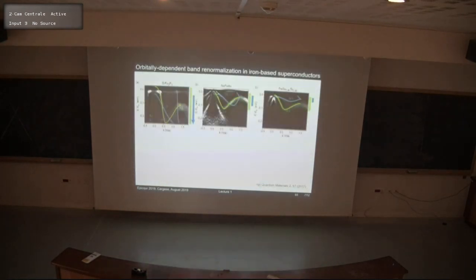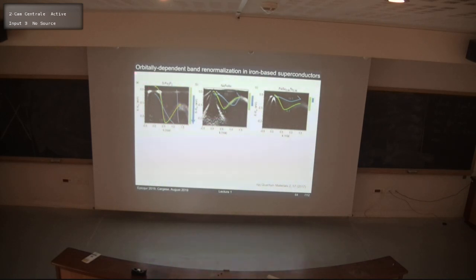So a more direct way to understand what might happen is from looking at the different orbital characters of the different families of compounds. These are iron-based data. This is binding energy versus momentum. And these are the different band renormalization factors for different bands with different orbital character.